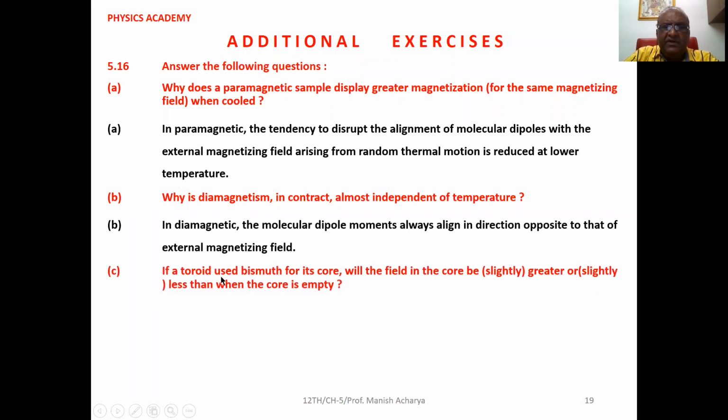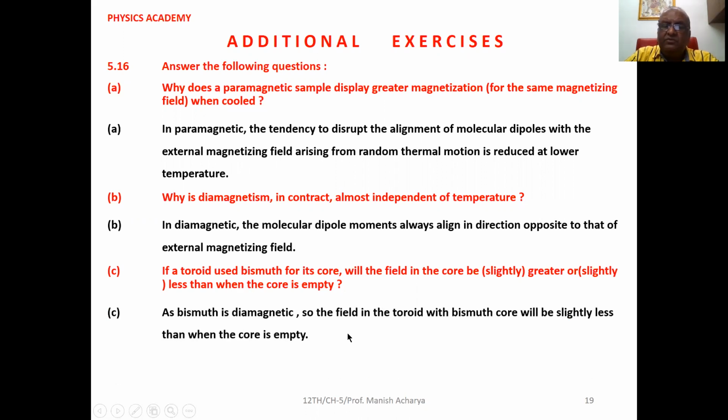C. If a toroid used bismuth for its core, will the field in the core be slightly greater or slightly less than when the core is empty? Bismuth is a diamagnetic substance. The list is given to you in the text.